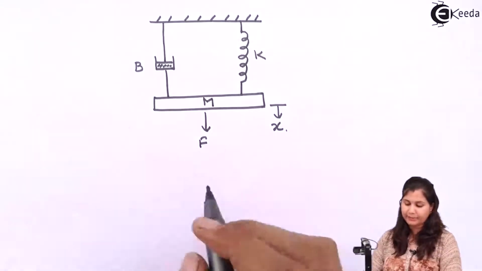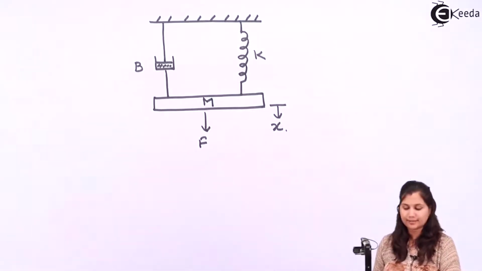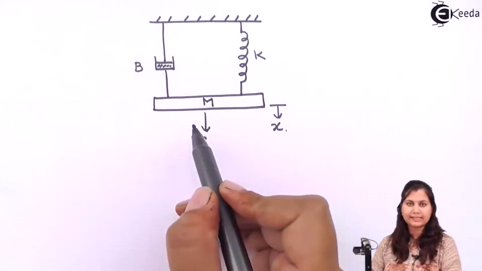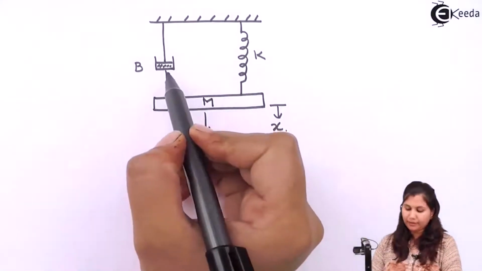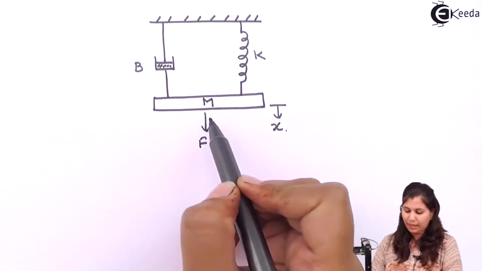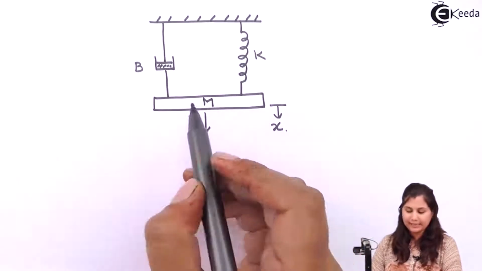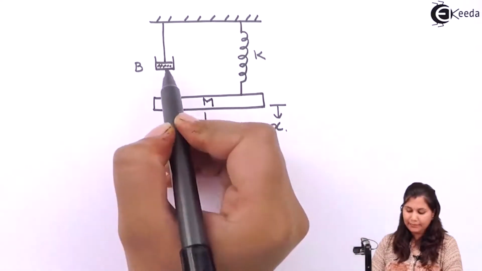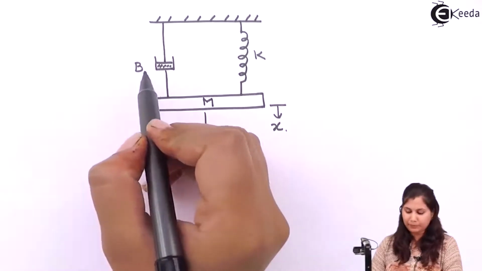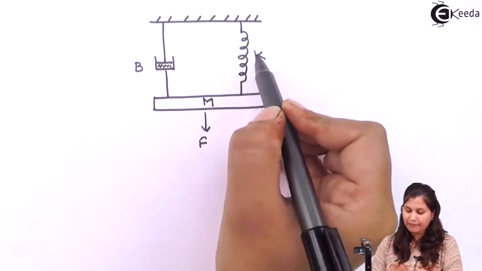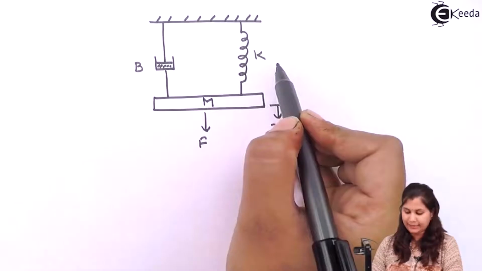This is a mechanical translational system having all three basic elements: a damper, a spring and a mass. The mass element has mass m, the damper has damping constant b, and the spring has spring constant k.